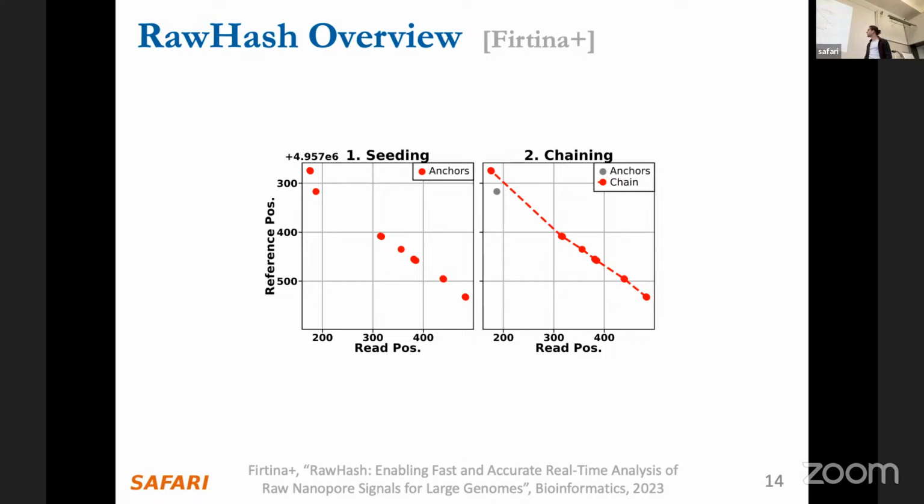What the chaining also does is it decides that some seed hits don't really match, for example, because it falls off the diagonal, right? The one that's grayed out, that's a real example of a read. The chaining algorithm decided, okay, that one seed over there, it's not nicely on the diagonal, it's probably not part of the read, and it didn't get included in the chain.